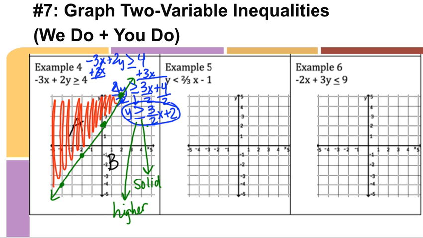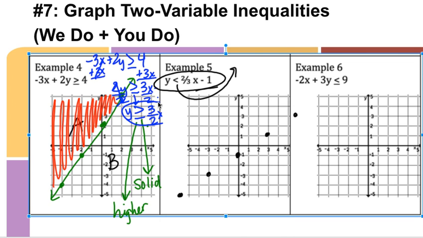Okay, let's look at example 5. Example 5 is already in slope-intercept form for us, so we can just immediately graph it. So I'm going to start with the negative 1 over here, and 2/3, so that means up 2 to the right 3, up 2 to the right 3, somewhere over here. I can also go down 2, left 3, down 2, left 3. Okay, I ask myself whether this is going to be a dotted line or a solid line. It does not have the equal to symbol, so it's going to be a dotted line.